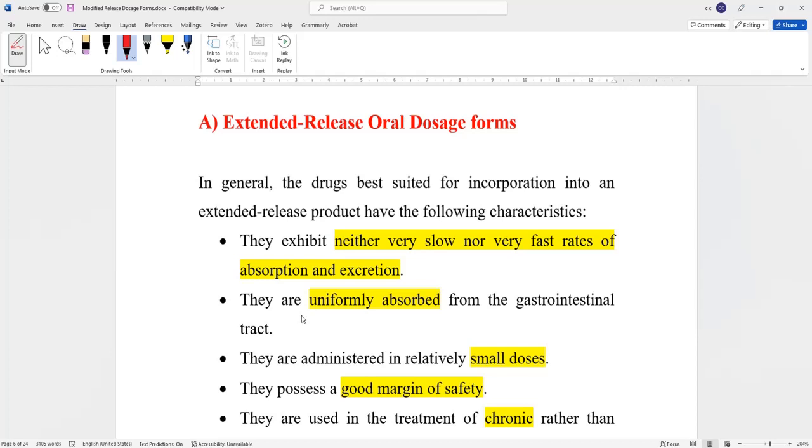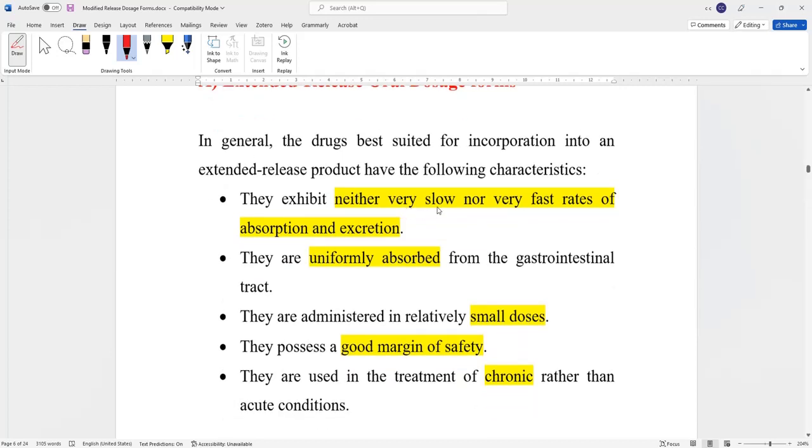What are these characteristics? Number one, it should not be absorbed or eliminated from the body very fast or very slow. If it is very fast or very slow, this will not work.